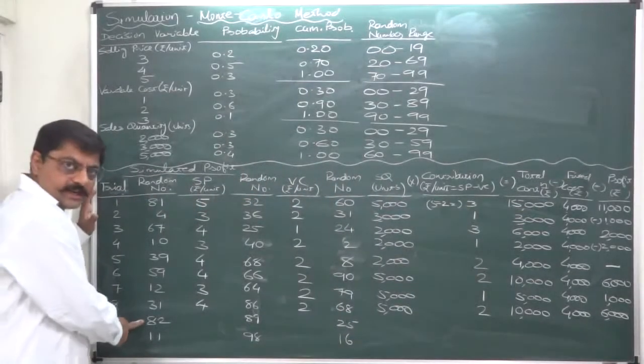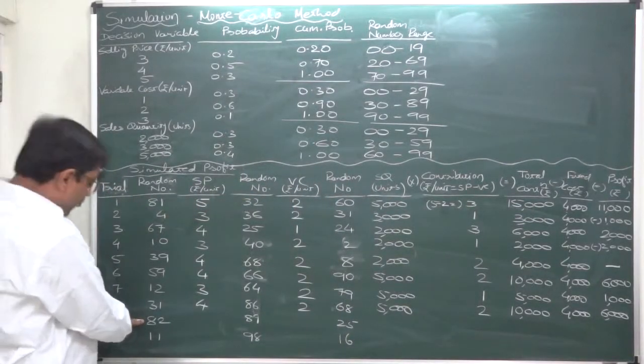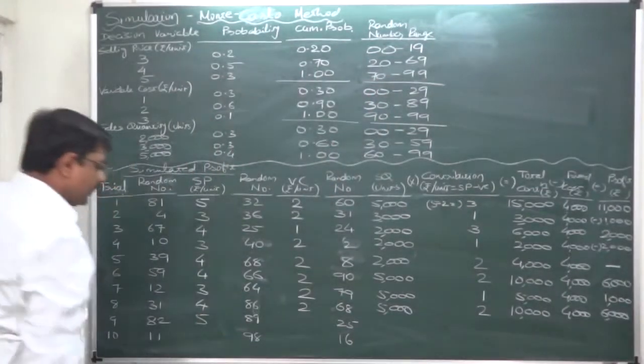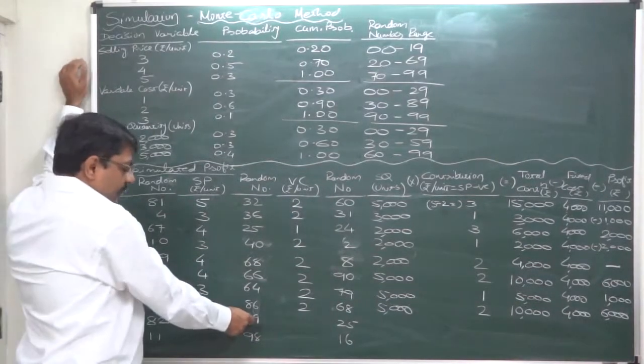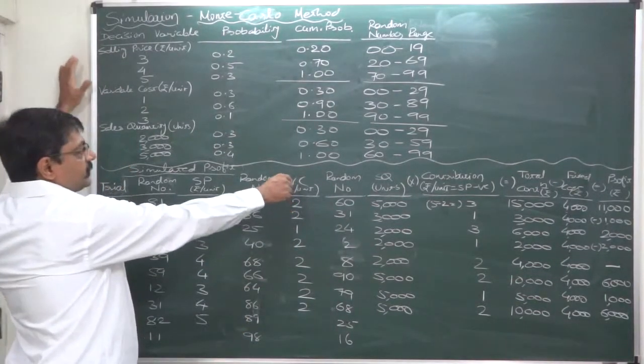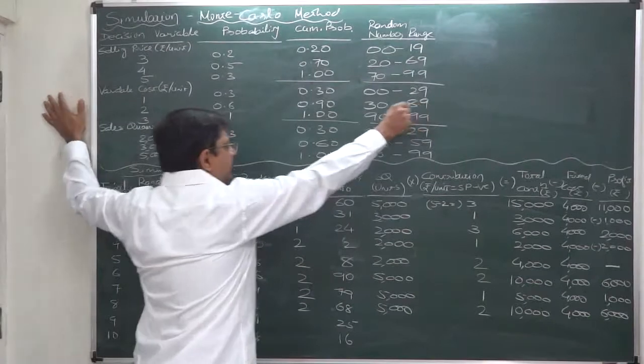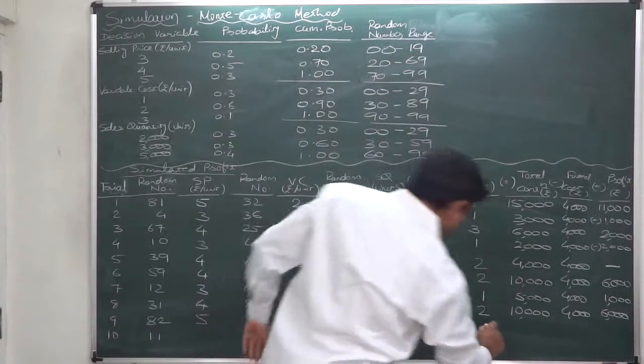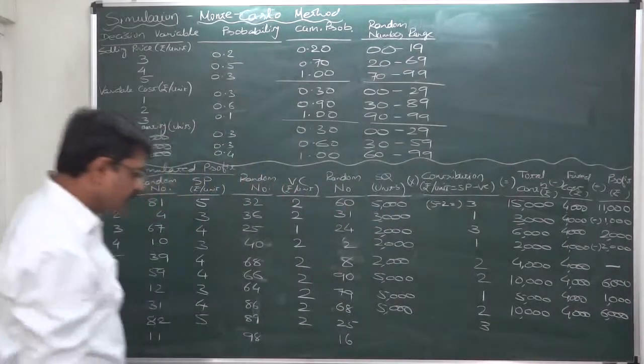9th trial, first random number 82, that is for selling price, relevant range is 70-99, so selling price of rupees 5 can be there. Second random number 89 for variable cost and relevant range is 30-89, 2 rupees, 5 minus 2 contribution would be rupees 3 per unit.